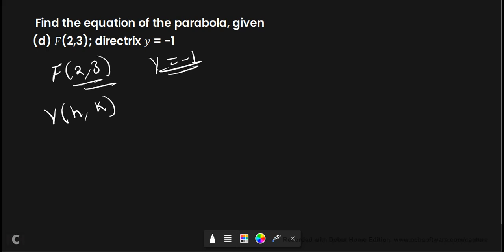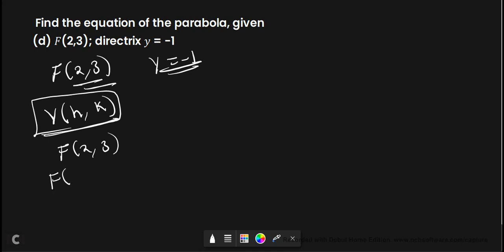But in this situation, you're having the focus, which is 2, 3. There's nothing about 0 there. So meaning that your vertex in this situation is h, k, like that, right?